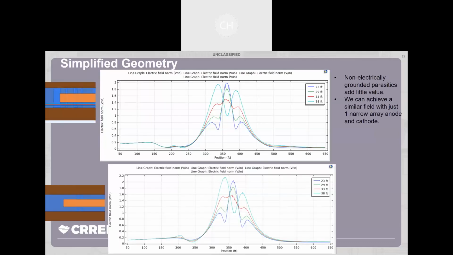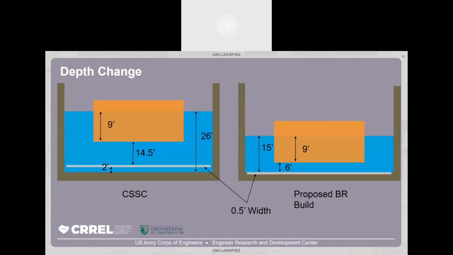And so one really big advantage that we have at Brandon Road is that the depth of the water is significantly shallower than what is seen at Romeoville. And this is a huge advantage for us, right? Because the more water we add, the larger resistor we have, and so the more energy that's needed to pump in to get whatever field strength is needed.